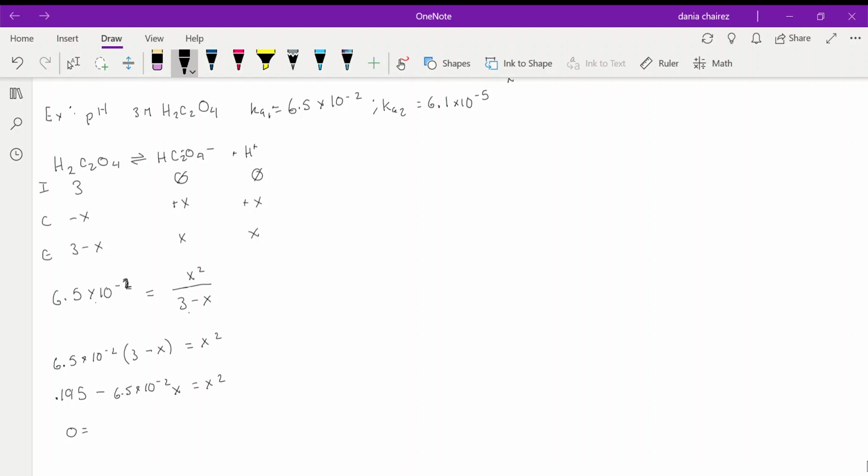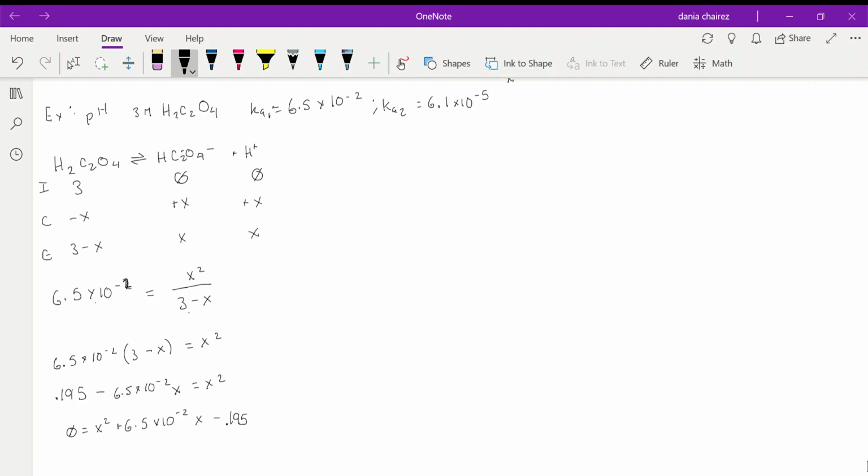So 0 is equal to x squared plus 6.5 times 10 to the negative 2 x minus 0.195. If you're wondering why this turned into plus and this to minus, I just moved everything to this side of the equation to leave my x squared positive.